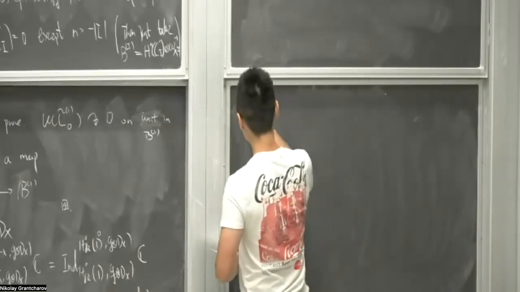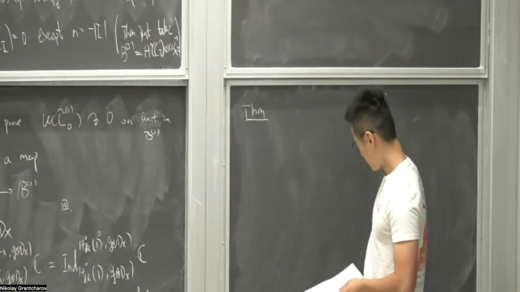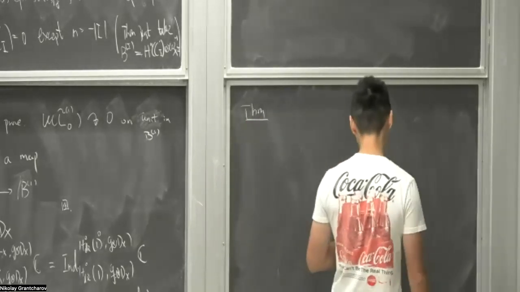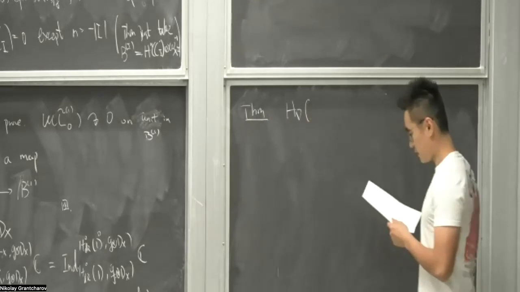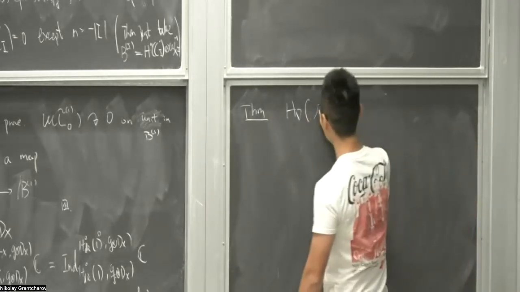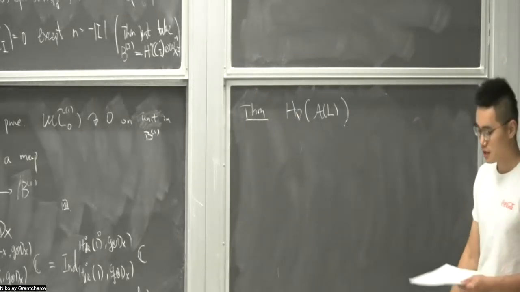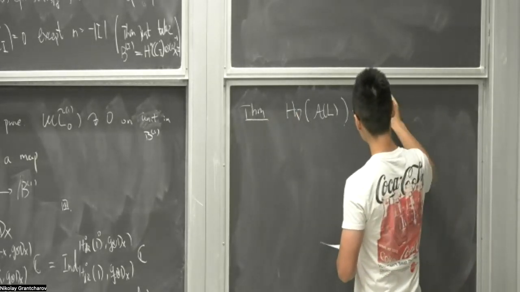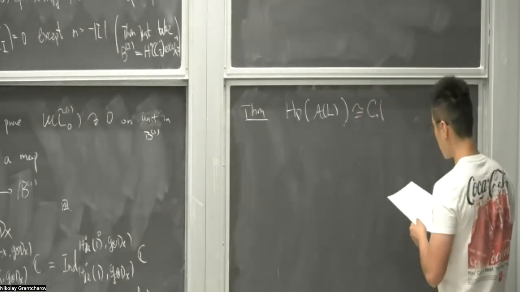I don't know how to convince, but basically this is topology. Look at the parallel homology of this algebra. That's the same thing. So this is like the homological Chevalley complex.